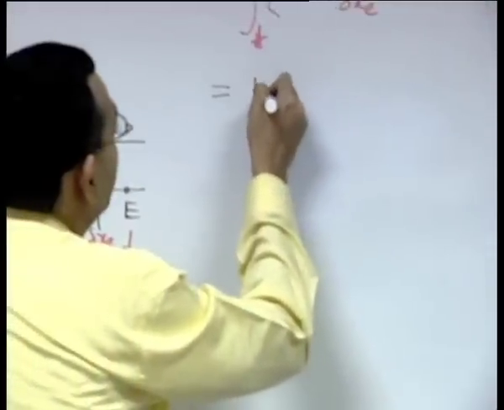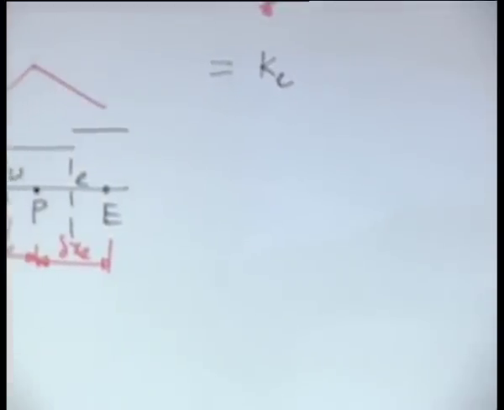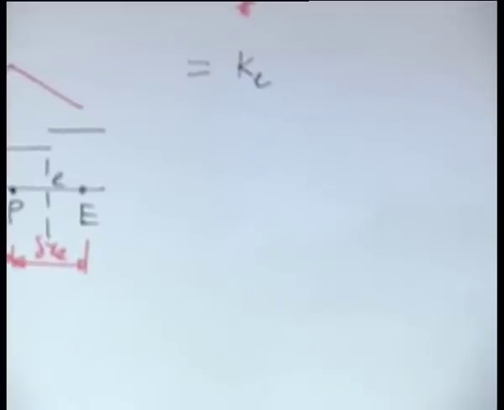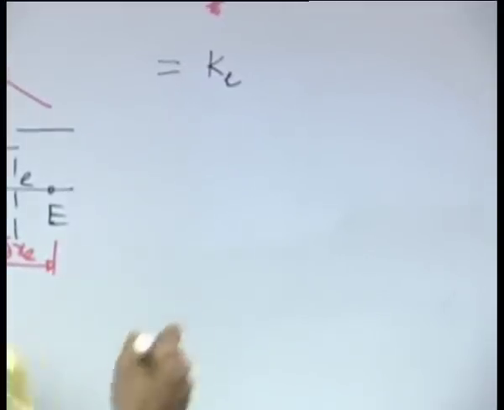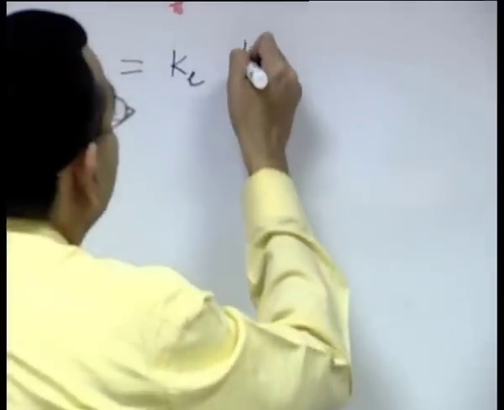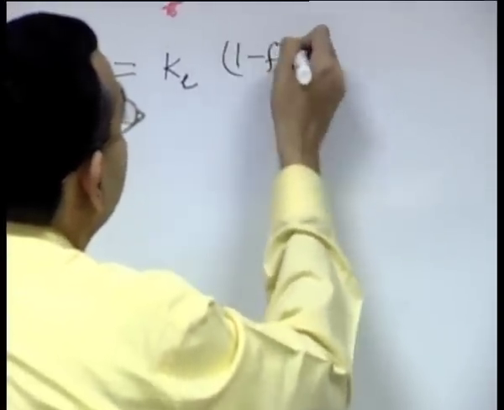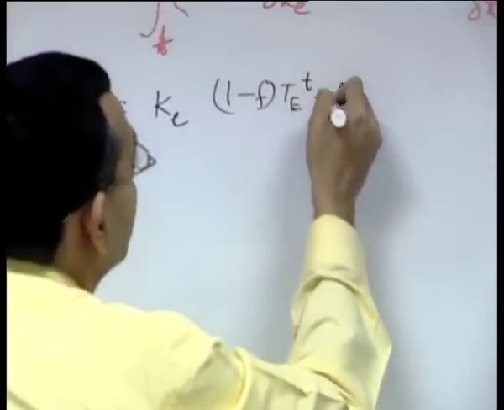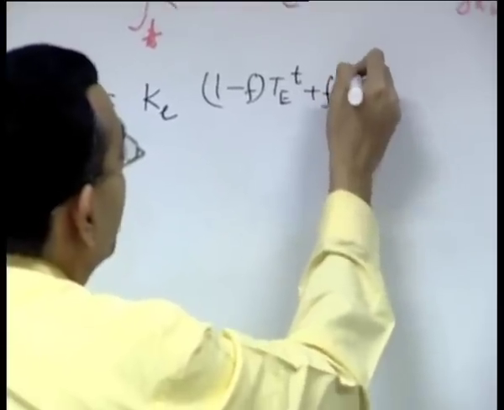So we have Ke into Te minus Tp by delta xe. In place of Te, we will write 1 minus f Te at t plus f Te at t plus delta t.